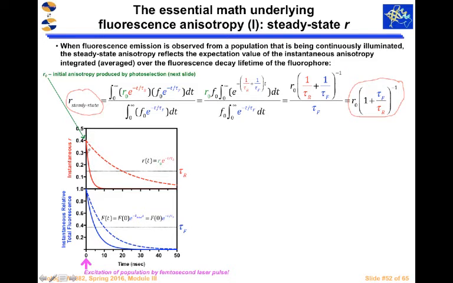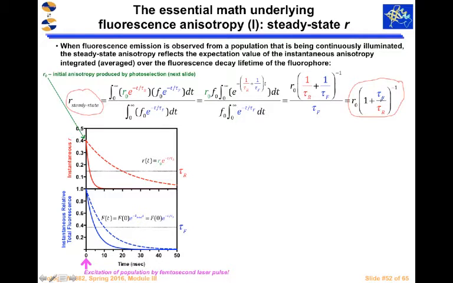When you do any excitation, initially you will have that maximum value, and over the time course of emission it will decay as a single exponential with a time constant equal to the rotational correlation time. So the steady-state anisotropy will simply be the product of the initial photoselection anisotropy times the reciprocal of the quantity 1 plus the ratio of the fluorescence lifetime to the rotational correlation time.